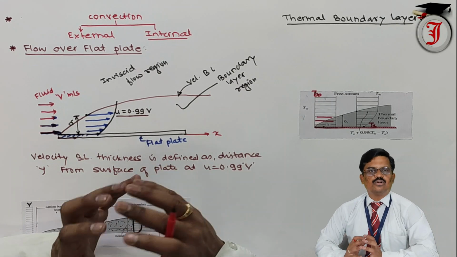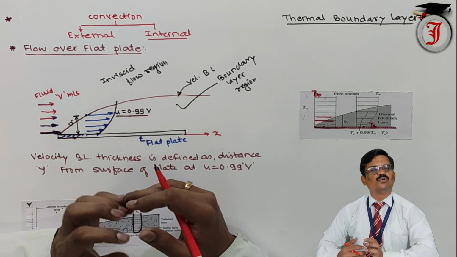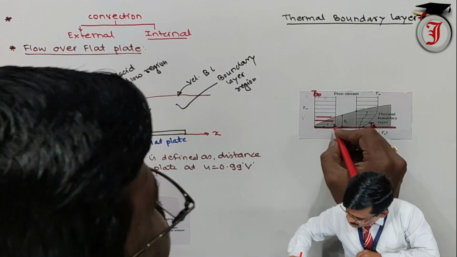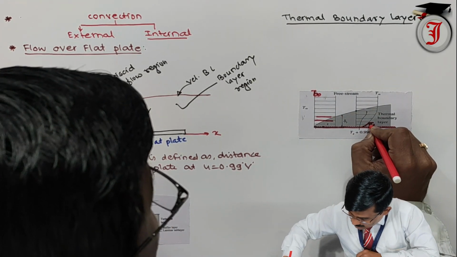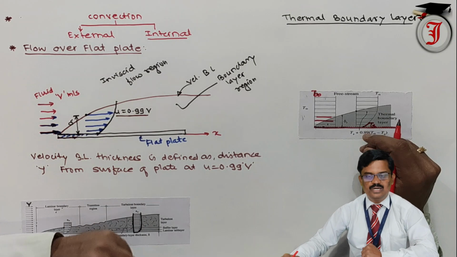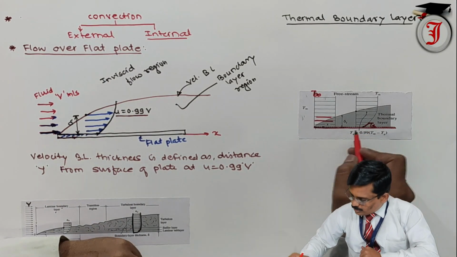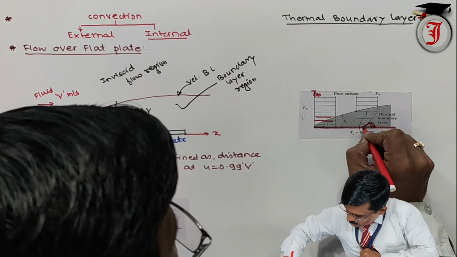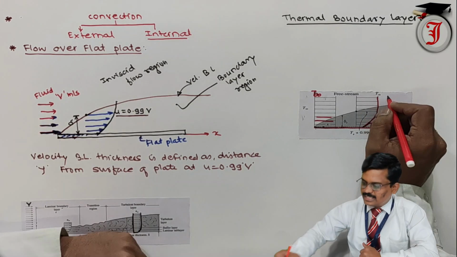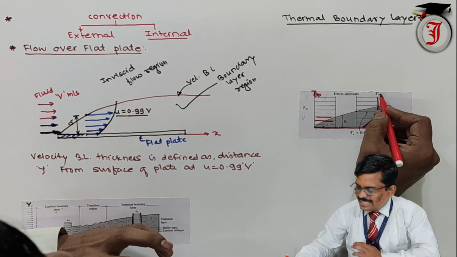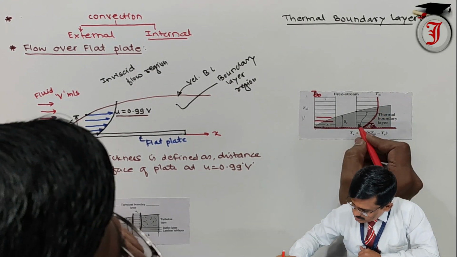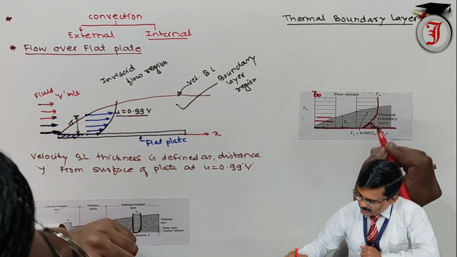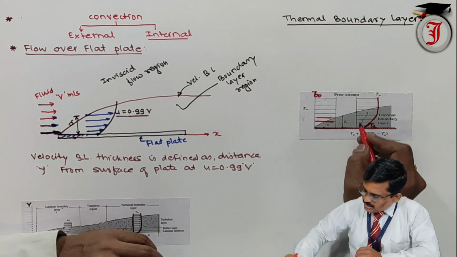As a result of this, a temperature profile will develop in the flow field, ranging from surface temperature Ts to the free stream temperature T infinity.